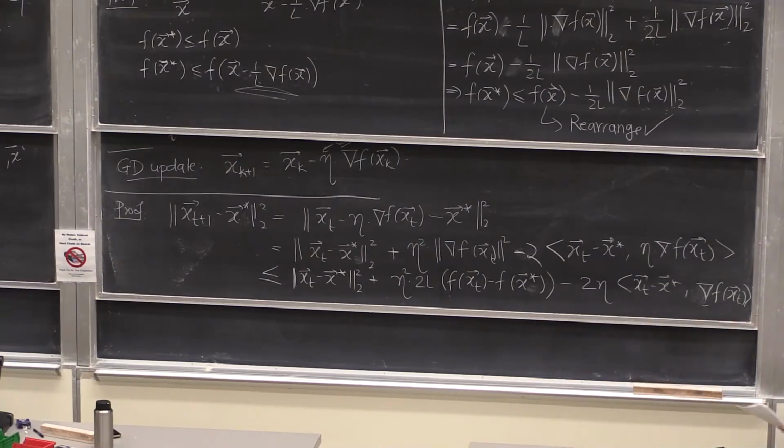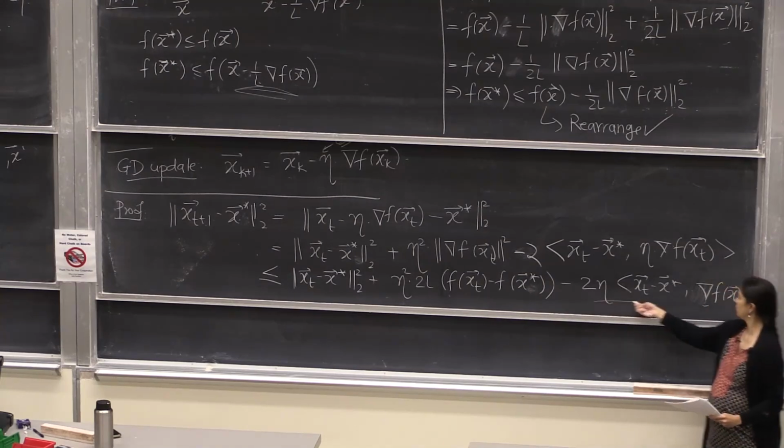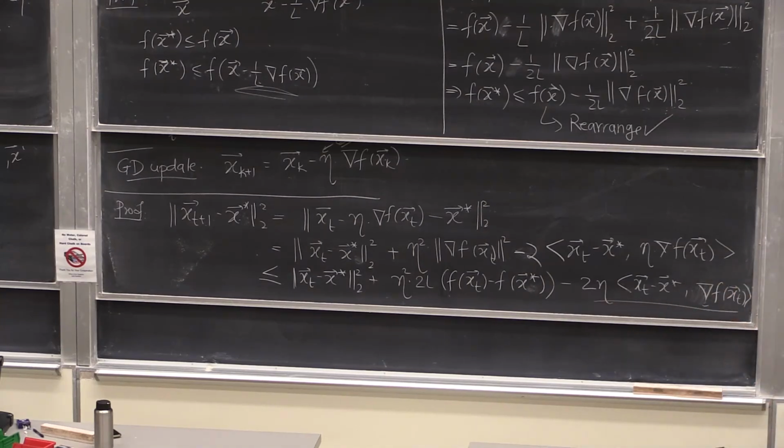So now we have this thing here. What can we say about this? What is the thing that we haven't used yet? We haven't used the mu strong convexity part yet, right? So what is this term?